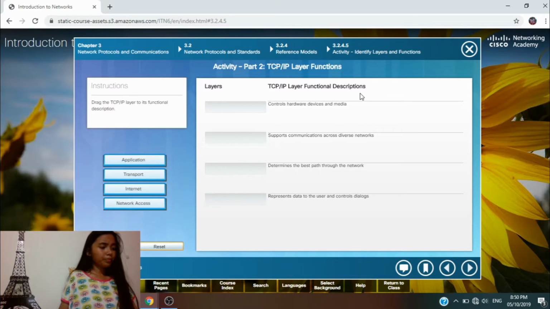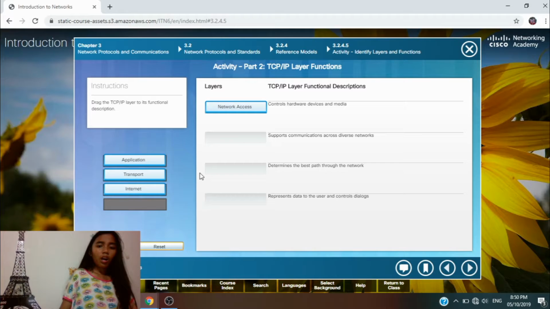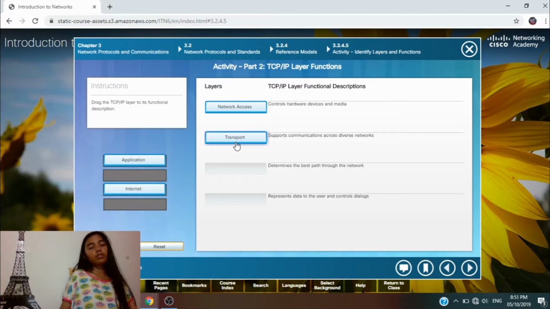The one that controls hardware devices and media is network access, and the one that supports communication across the diverse network is transport, because it supports the communication through the diverse network.